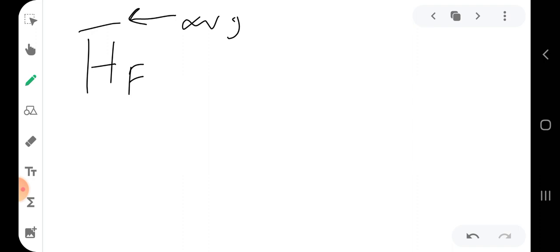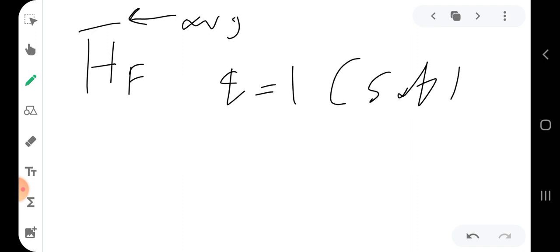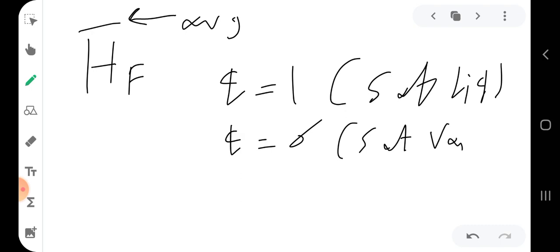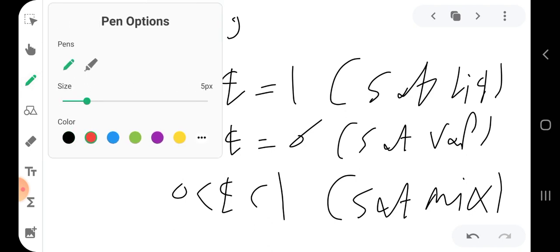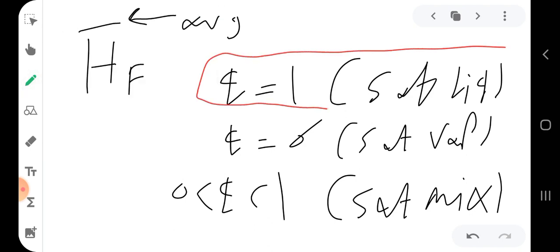We have three cases mainly for the feed. It is either q equals 1, saturated liquid, or q equals 0, which is saturated vapor, or q between 0 and 1, which is saturated mixture. So for the first case, where q equals 1, saturated liquid, how can we determine this H feed?